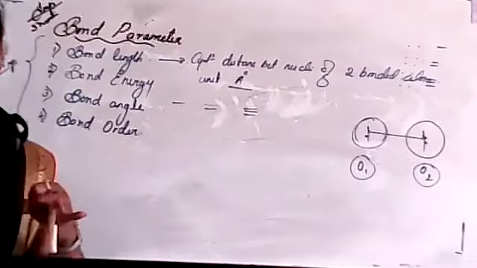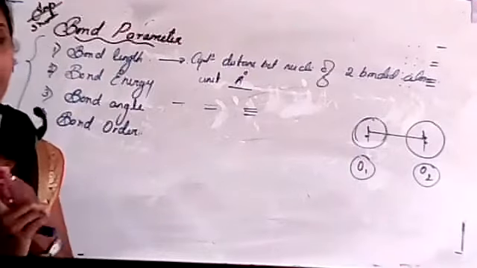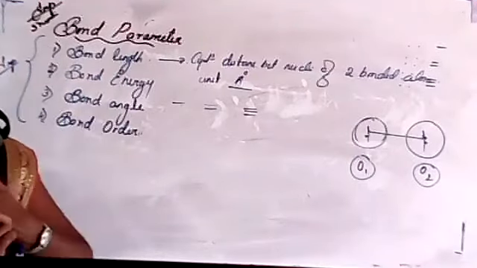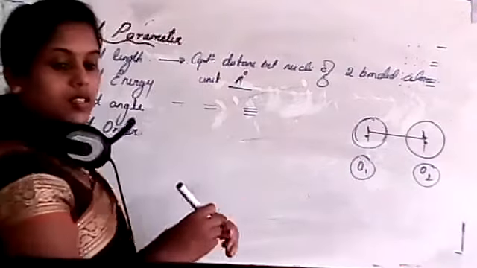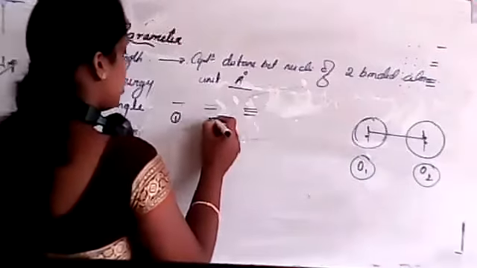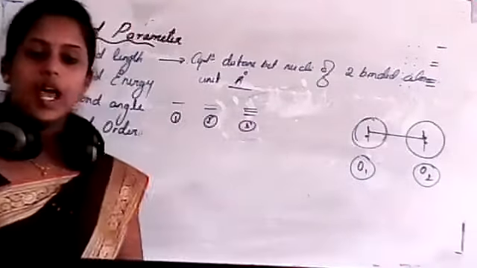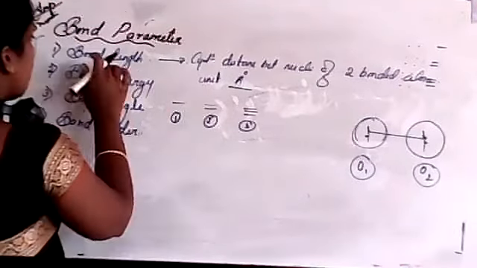There is a triple bond, there is a double bond, there may be a single bond. Which one has the shorter bond length? Triple, double and single. I'll consider them as 3, 2 and 1. Which one has the larger bond length?